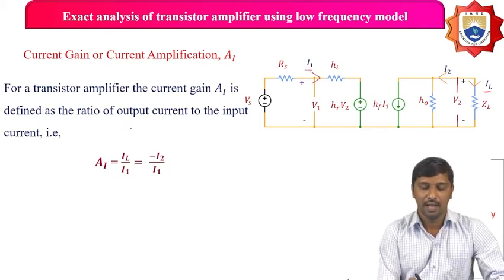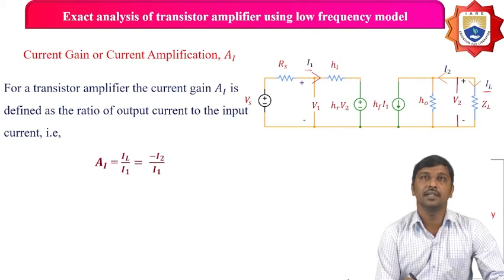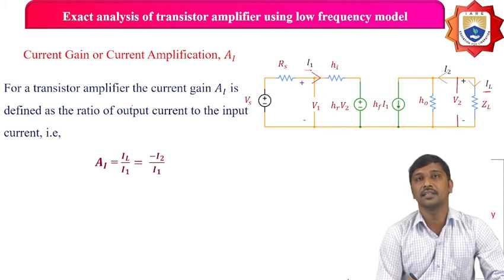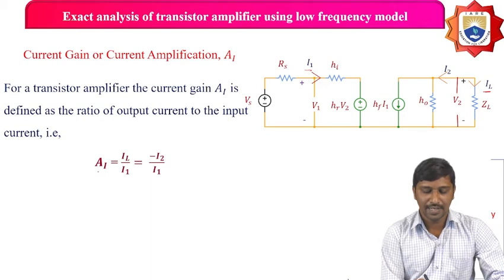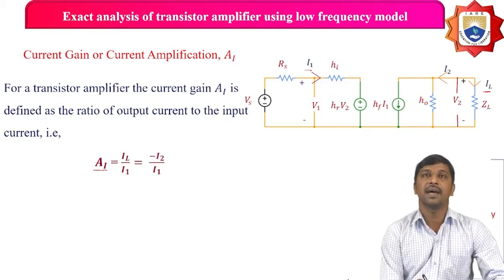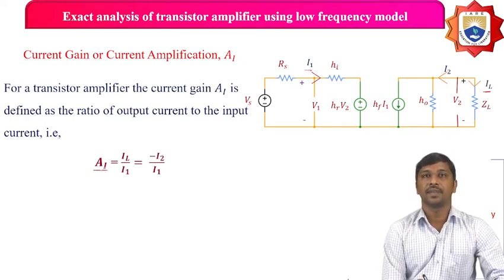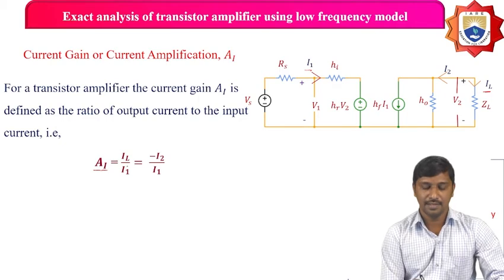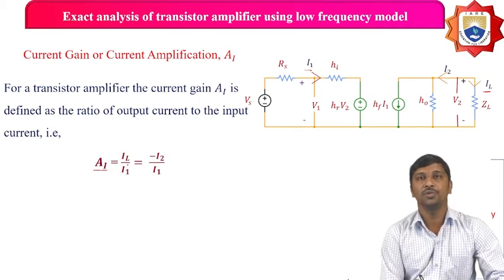The current gain is represented as AI, where A is the gain and the suffix I indicates the parameter is related to current. Hence, the current gain is the ratio of output current to input current, that is IL to I1.